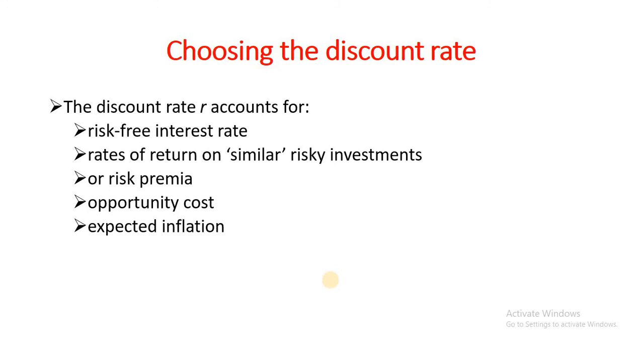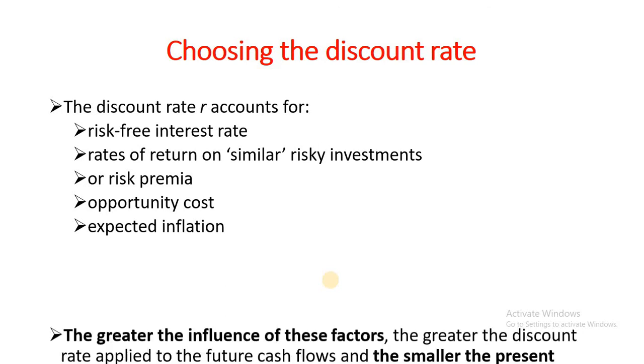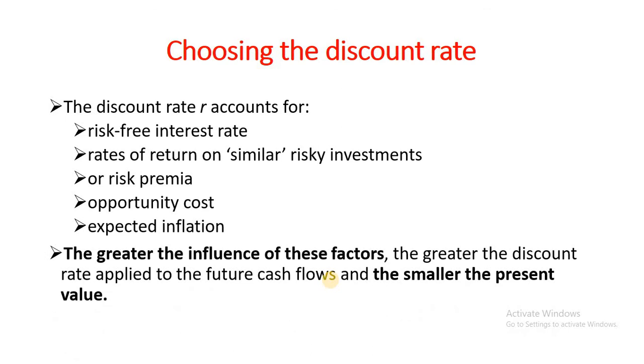We also need to consider rates of return on similarly risky investments when we calculate the discount rate or R. In the meantime, we need to consider risk premium, opportunity cost, and expected inflation. So from here, we can say that the greater the influence of these factors, that means risk-free interest rate, risk premium, opportunity cost, and expected inflation, the smaller the present value.